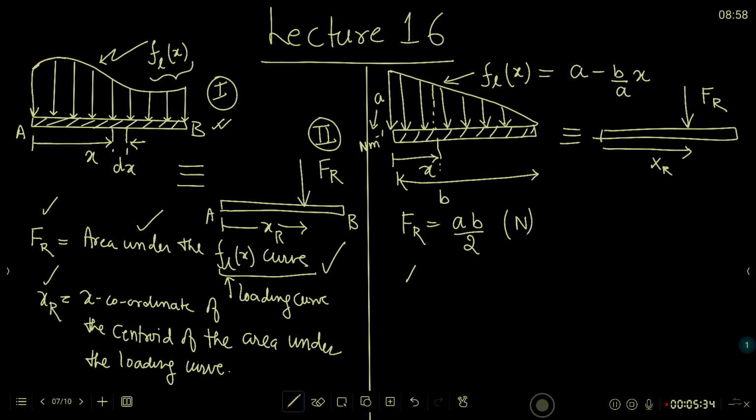Then XR, I know, is the x coordinate of the centroid of the area under the loading curve. Now the centroid of this triangle will be somewhere here, C star, and it will have its x coordinate at B by 3. This is a result that we are aware of already.